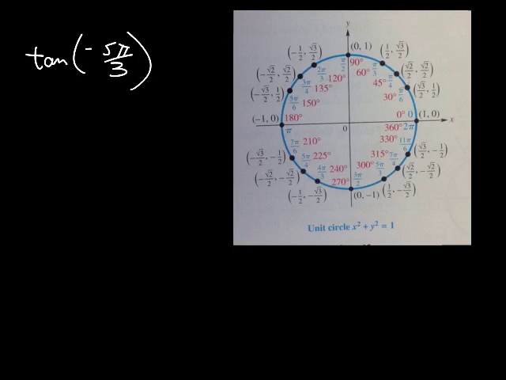Well, we break 180 into 3 pieces, which is 60. 60 times 5 is 300. So 300 is 5 pi over 3, and it says we're going in a negative direction 300. So we're going all the way around to 300, which means there's a 60-degree angle left. So there's our 60-degree angle.